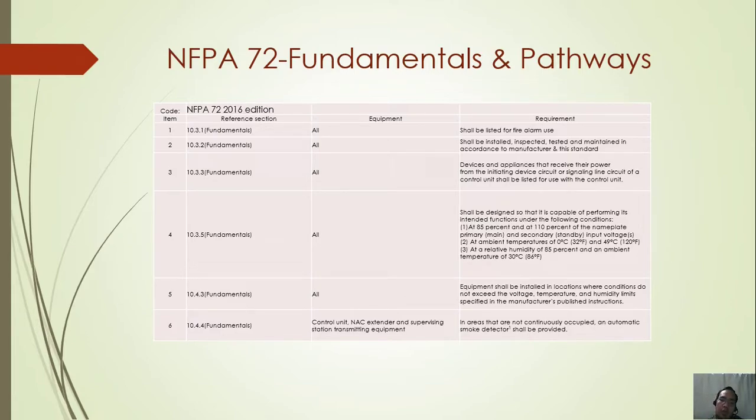So guys, where your control panel is located, if it's not continuously occupied, or your NAC extender, your transponder for extending the notification appliance, and your equipment for transmitting signals remotely from the building, if they are not continuously occupied or located within a room which is not continuously occupied, there should be an automatic smoke detector installed in that room. Okay?